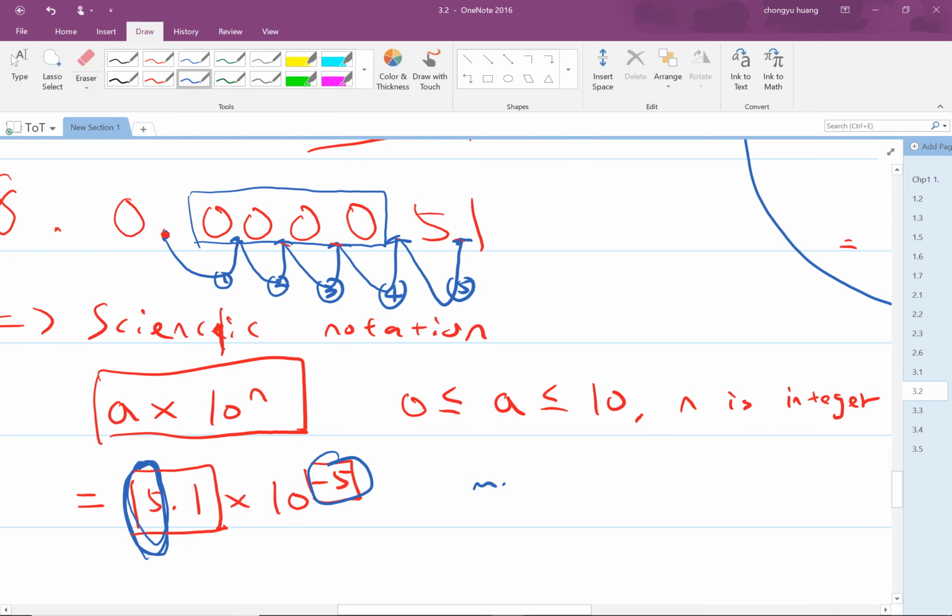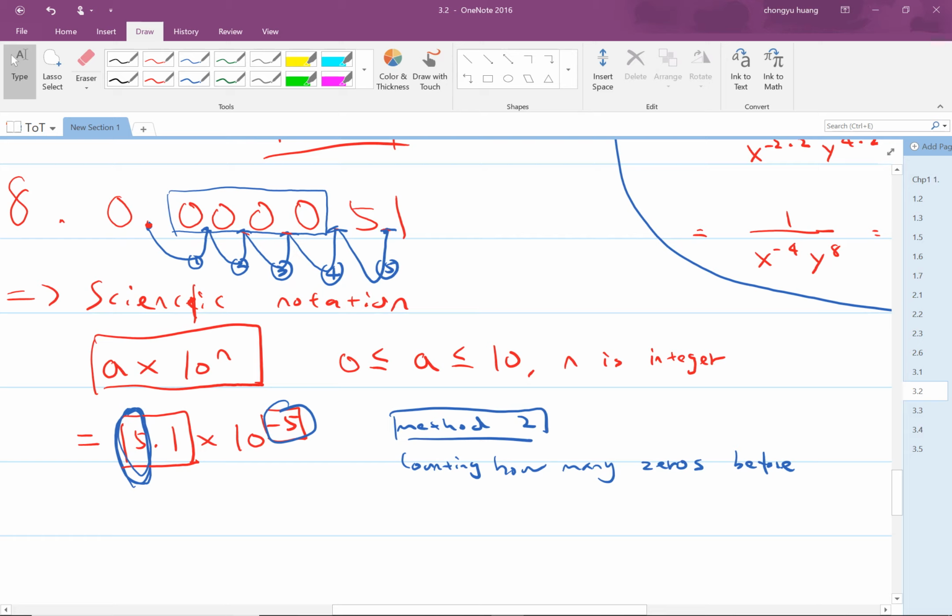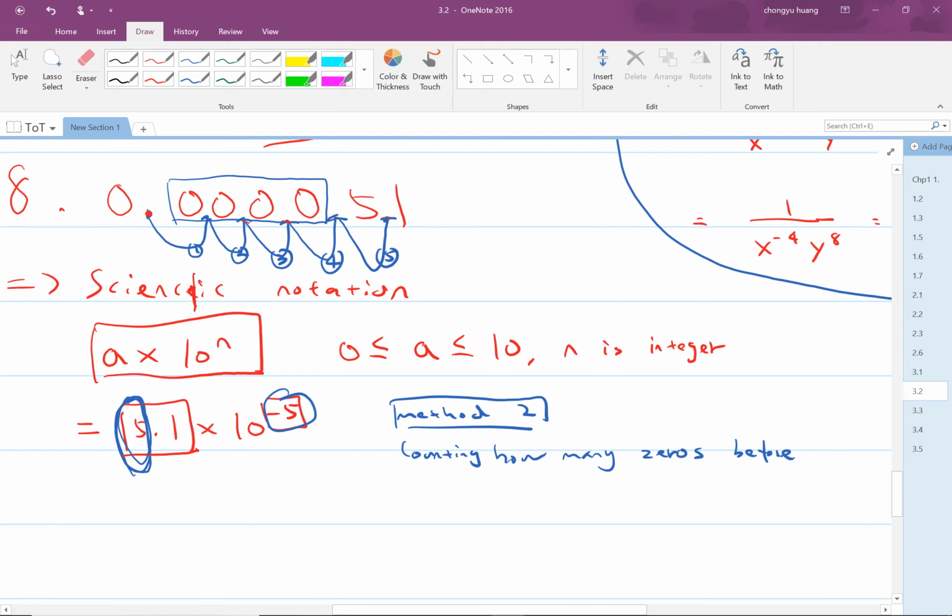Method 2 is just basically counting how many zeros before 5. So you can see over here, we got 4 zeros before 5, right?